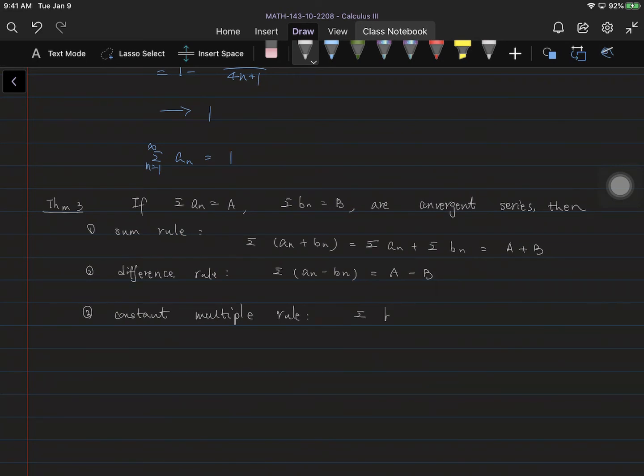You can guess, it's constant k times a_n. This equals k times capital A. Something like that, right?